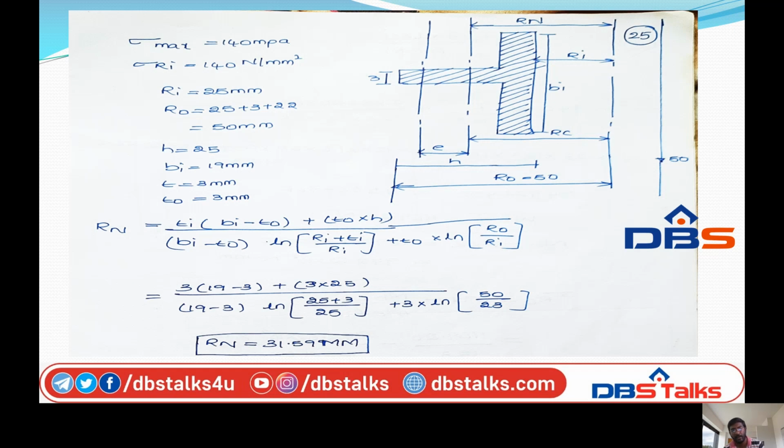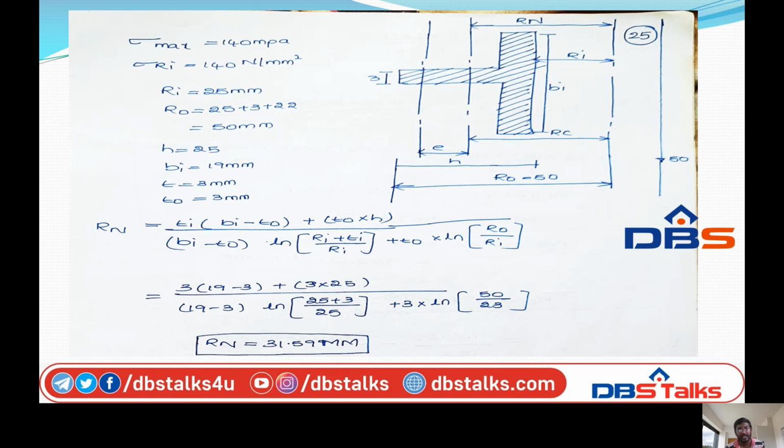So Ti, T naught. First of all, we can calculate the radius of neutral axis Rn. So Rn is equal to Ti into Bi minus T naught plus T naught into H, divided by Bi minus T naught into ln of Ri plus Ti by Ri plus T naught into log of R naught by Rn. This formula is given in the Jalaluddin data book for the circular cross section.